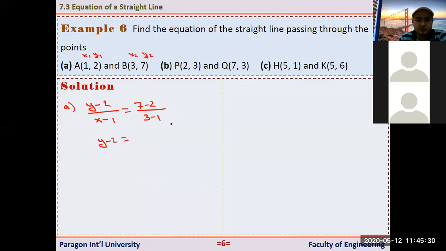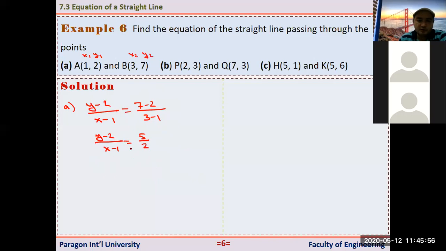y minus 2 equals 7 minus 2, which is 5, times x minus 1. So (y minus 2) over (x minus 1) equals 5 over 2.